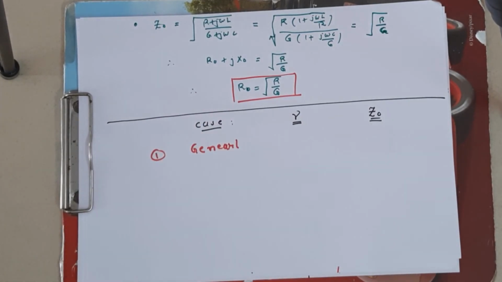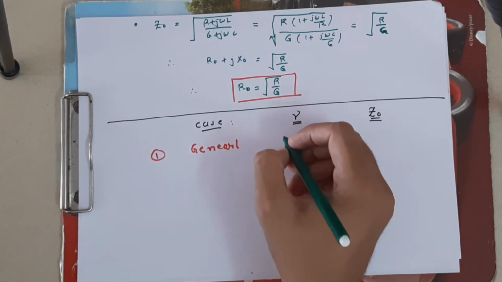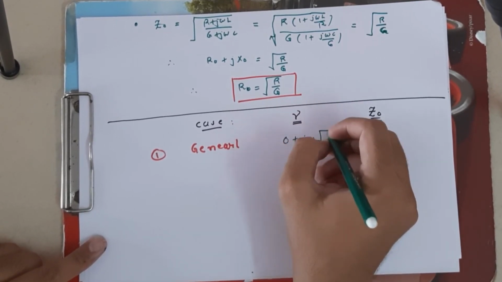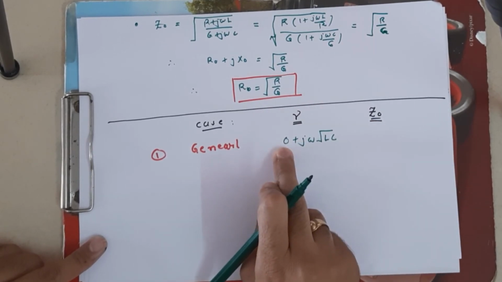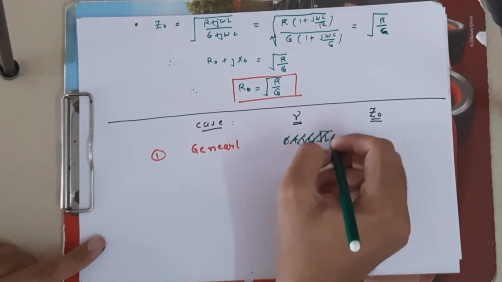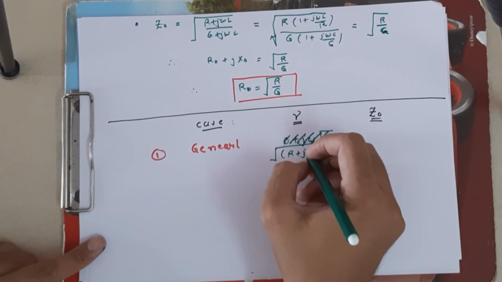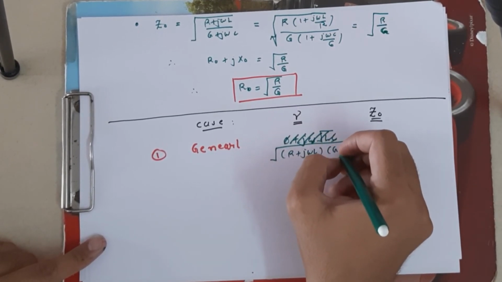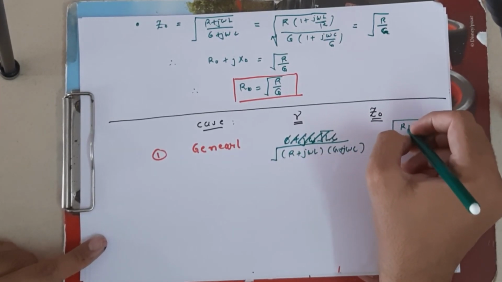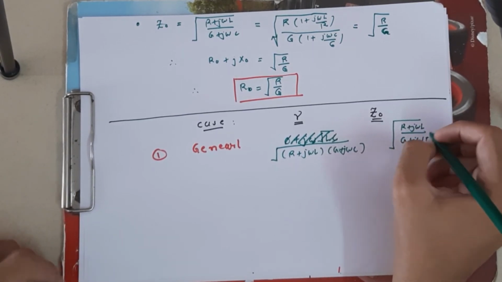In the general case, the value of gamma is under root of (R plus j omega L)(G plus j omega C). The value of Z0 in the general case is under root of (R plus j omega L) divided by (G plus j omega C).